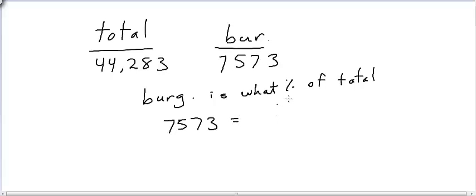Is translates to equals. The phrase what anything, what number, what percentage, what decimal, etc. is something of universal slang for the variable. So in this case, I'll make my variable x. Of translates to multiplication. My total was 44,283.